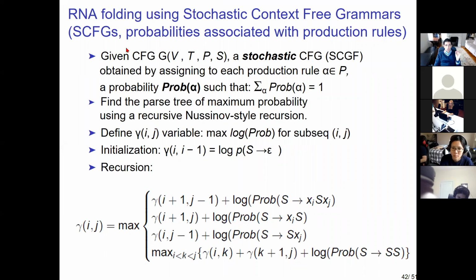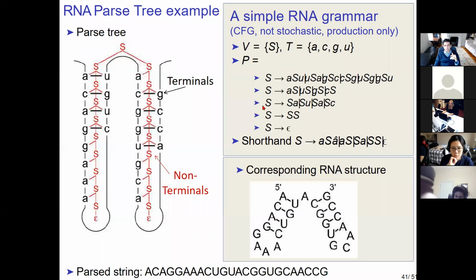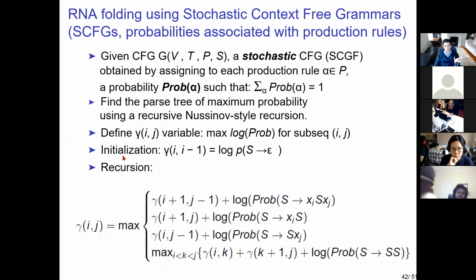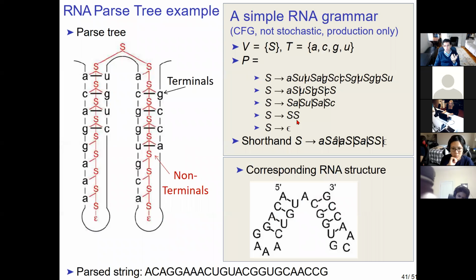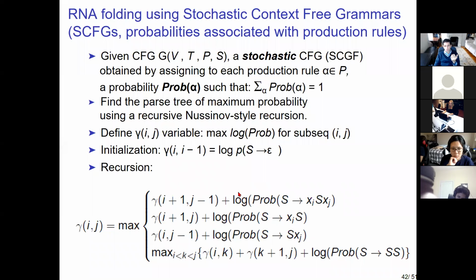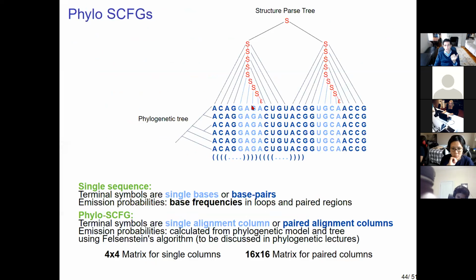So this is a context-free grammar, but a stochastic context-free grammar basically has probabilities associated with these production rules, enabling you to infer the probability with which this grammar emitted that particular sequence. So you can use this to basically emit pairs of nucleotides, but you can also use this to emit alignments of nucleotides.